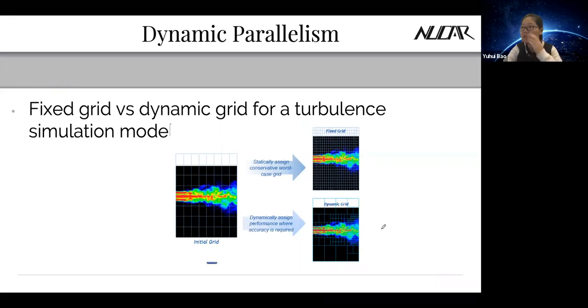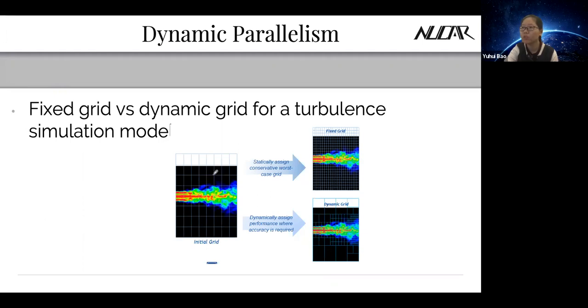This is an example of a fluid turbulence simulation. Here you can see the fixed grid, the initial grid.